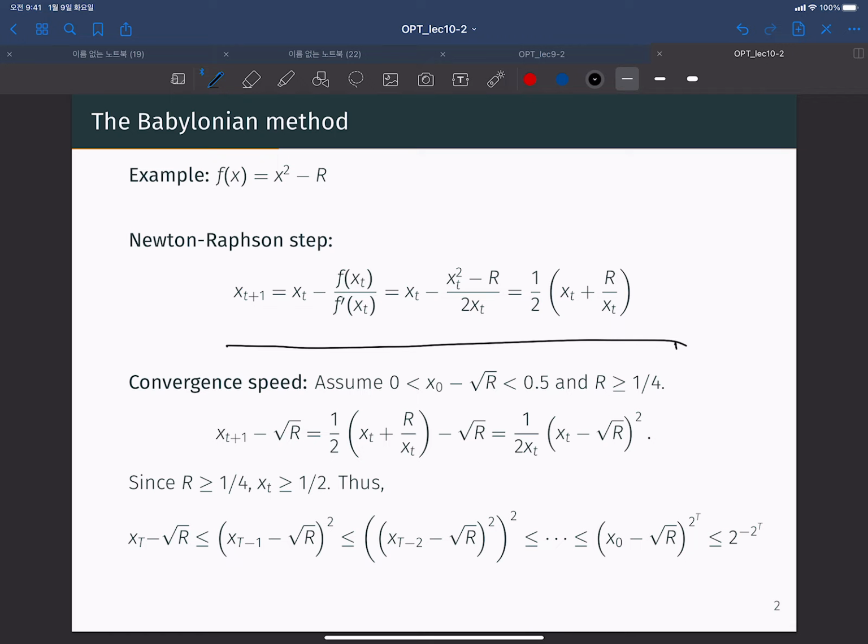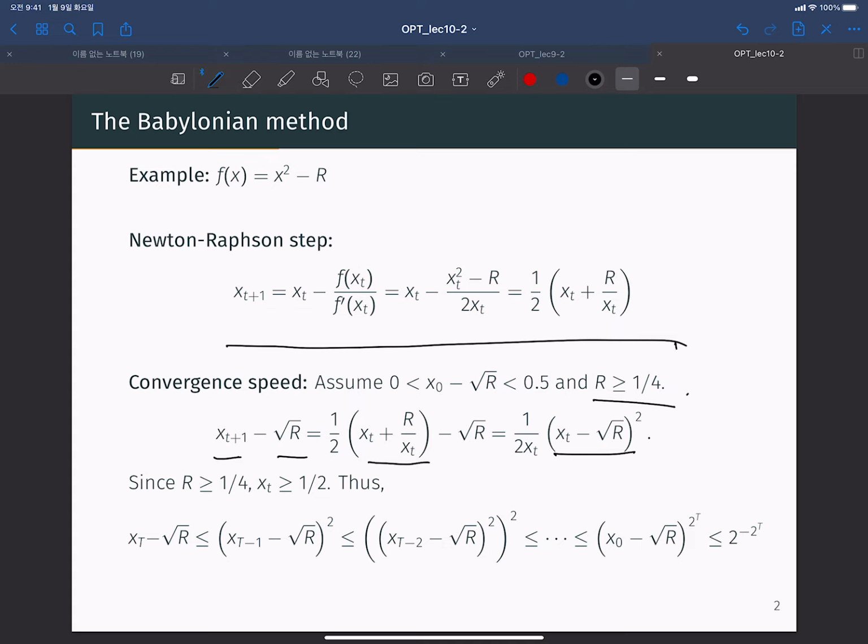Assume |x_0 minus square root r| is less than or equal to 0.25 and r is 1 over 4. Then x_{t+1} minus square root r is equal to 1 over 2 times (x_t plus r over x_t) minus square root r. So this is equal to 1 over 2x_t times (x_t minus square root r) squared.